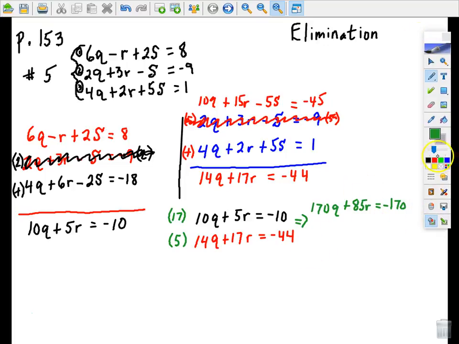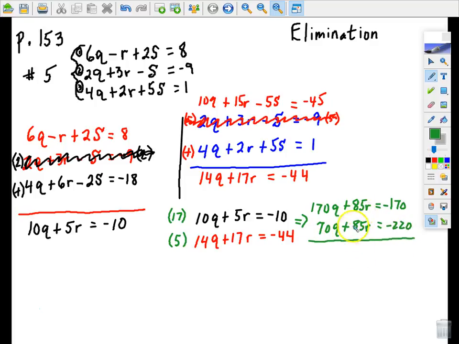Okay, and now let's multiply by 5. So you got 14 times 5, that's 70Q. And then 17 times 5, that's 85R. And then negative 44 times 5 is negative 220.